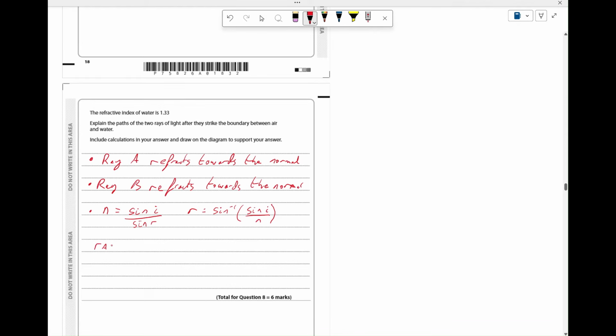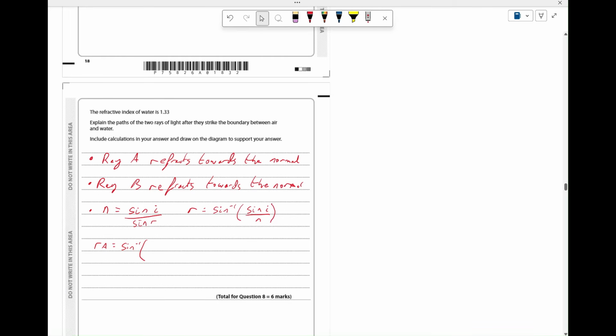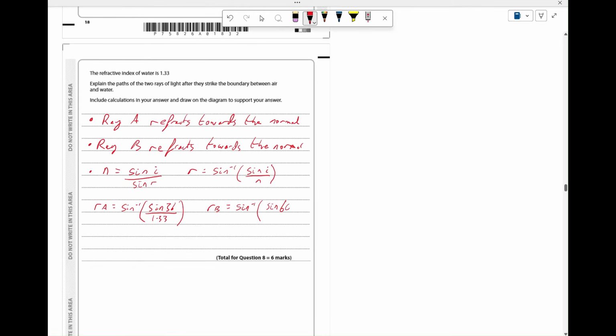So r for A is going to be inverse sine of sine 36 degrees divided by 1.33, and r for B is equal to the inverse sine of sine 60 degrees divided by 1.33. Okay, let me just type these into my calculator. Sine 36 over 1.33.